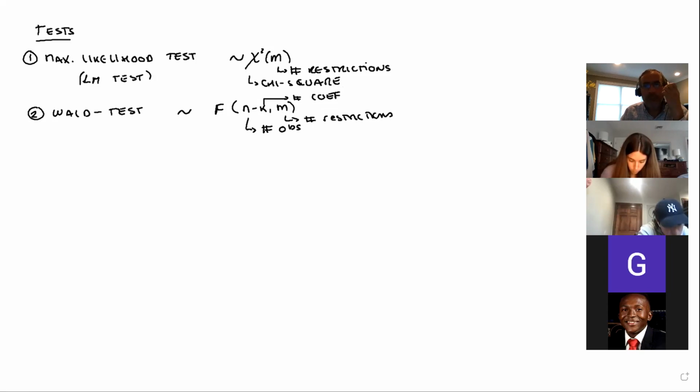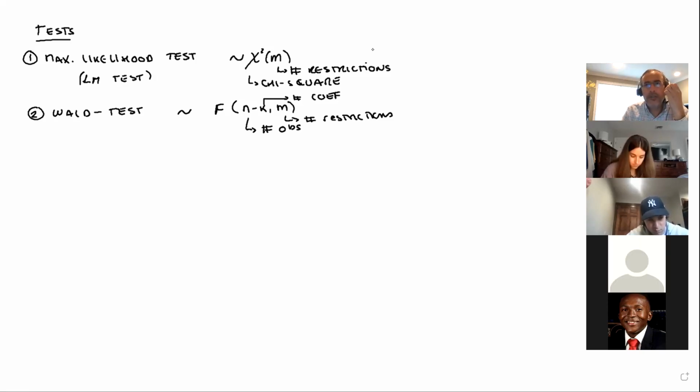Oh, sorry. Excuse me, Professor. Yes, sorry, it should be the opposite. Give me 1 second. Yes, because M is my control variable.